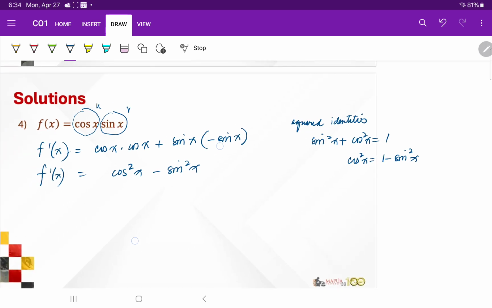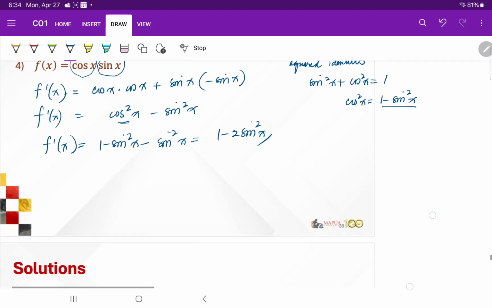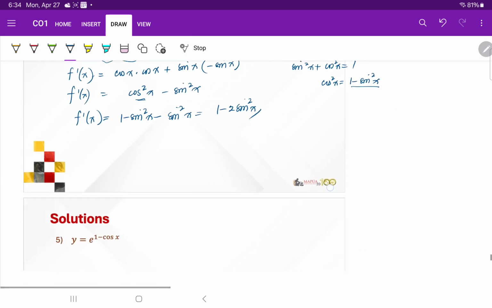So we replace cosine square x by what? Replace this by this value. So 1 minus sine square x minus sine square x, which gives us 1 minus 2 sine square x. Okay? So that's your answer for number 4.